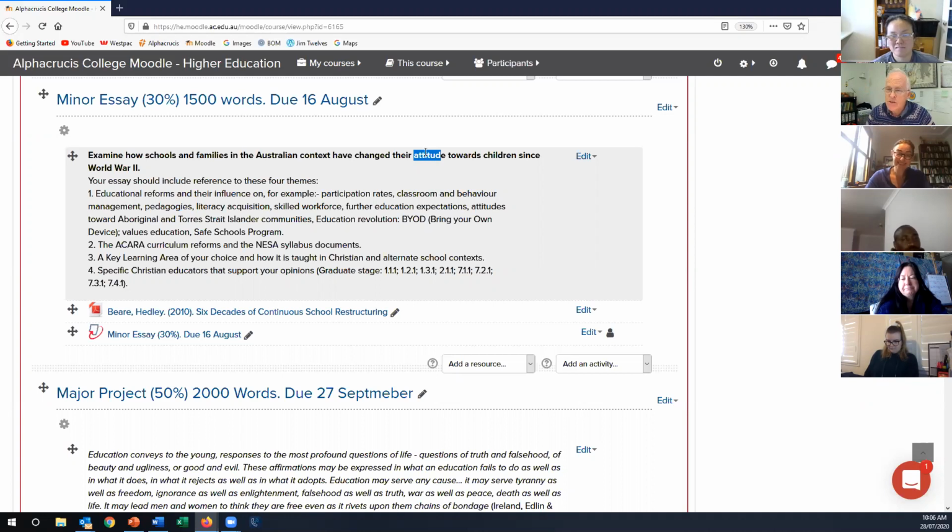I see that hand or finger, Chris. Hi, Jim. I take on board that you identified that the 4 points are of less importance in the essay. I noticed, though, that in point 2, it does refer to the Australian curriculum and then the NESA syllabus documents. The NESA syllabus documents are actually a New South Wales document.